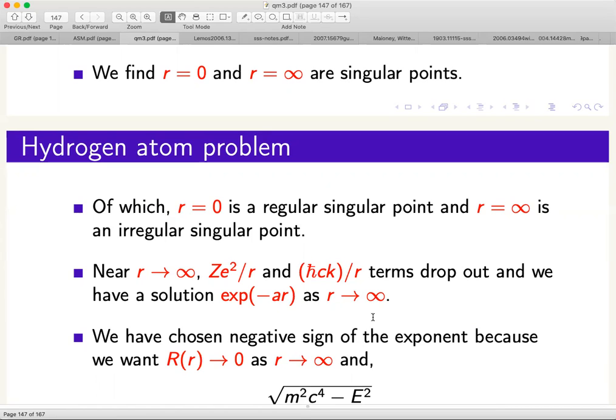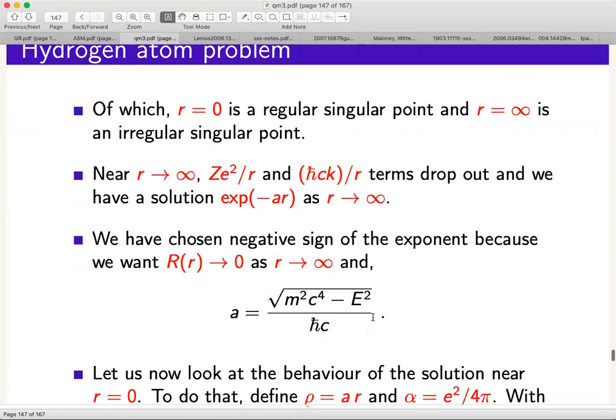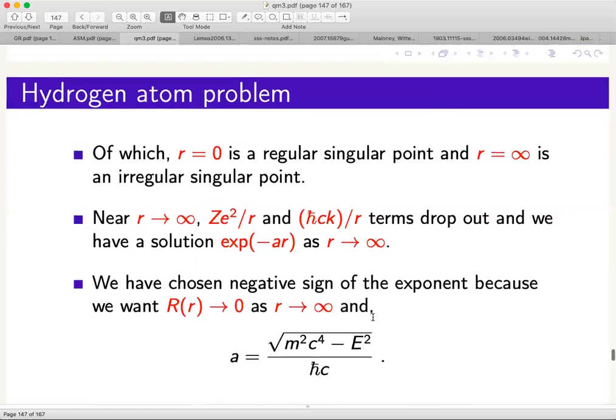In general, we need to solve for all r, which we'll do in the next steps. So, will we expect that solution to converge to exponential minus ar? Yes. Then, when we said that the series truncates, how will that ever converge to this?